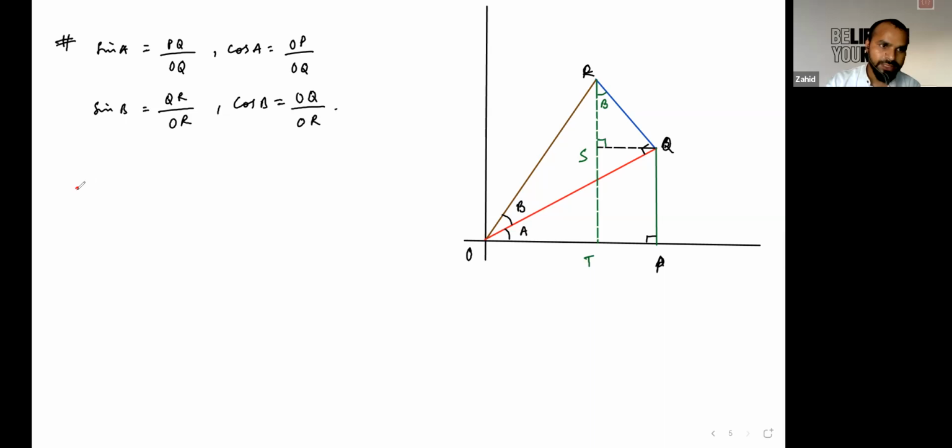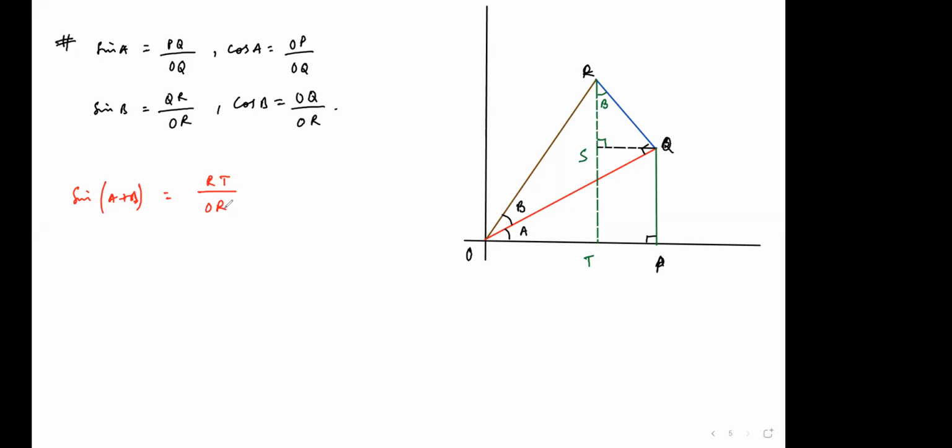How to start? Just write sine of A plus B. It means in triangle ORT, A plus B would be the total angle. So it would be perpendicular, that means RT over hypotenuse, meaning OR. Is it correct? I have defined triangle OTR.